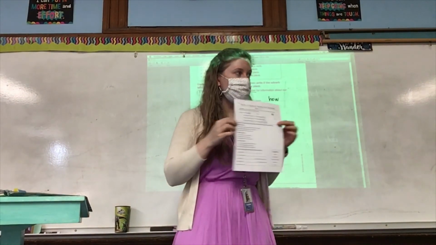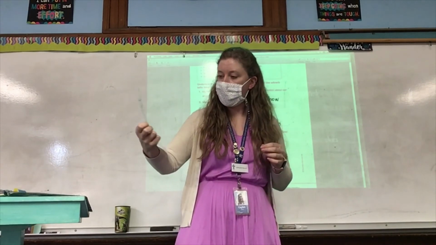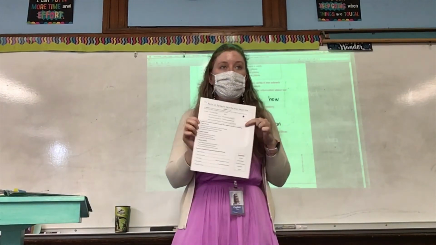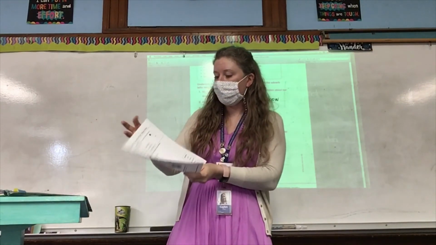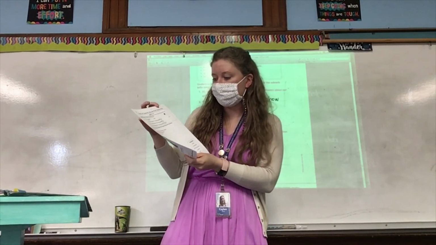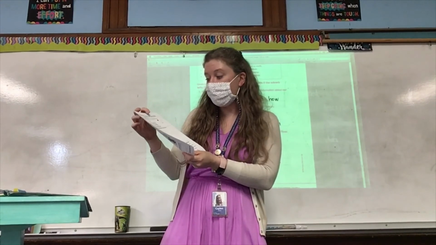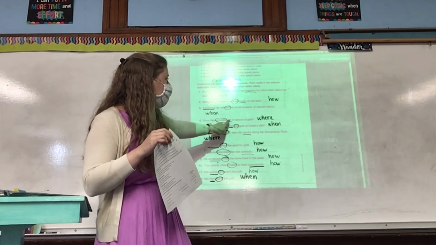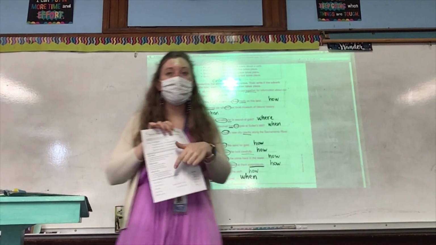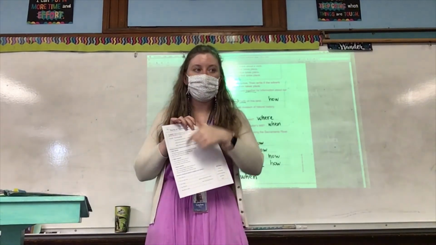On the back, you're just doing some general adverb stuff. Read the box at the top. It will have important information that will help you. Then the directions for the first part say circle the adverb in each sentence. Then underline the verb it's describing. So you're doing the opposite. Here we circled the verb, underline the adverb. Here you'll be underlining the verb and circling the adverb.